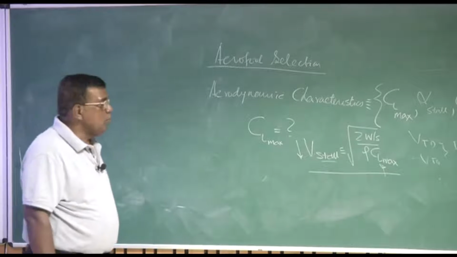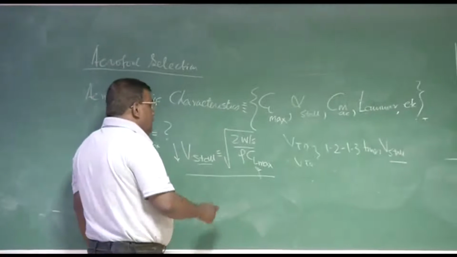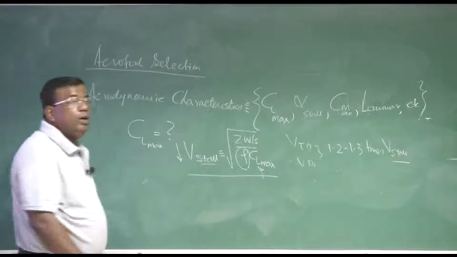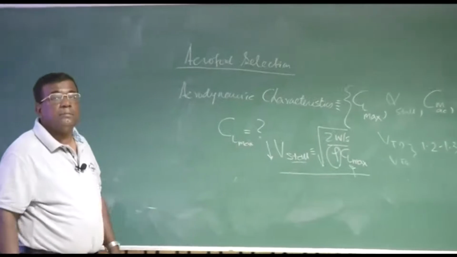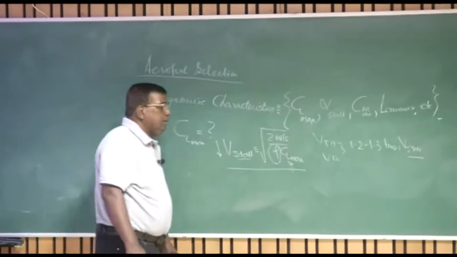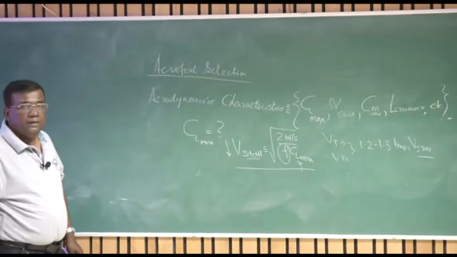Right. There's another thing for a designer. If you are taking off from a high altitude, maybe Leh, Ladakh, some place like that, the density of air will be lesser compared to sea level density of air.